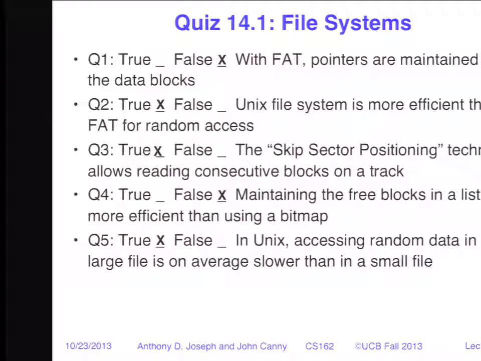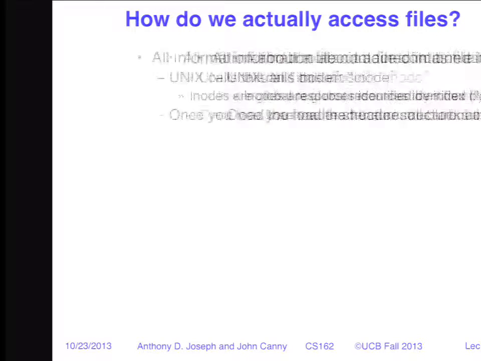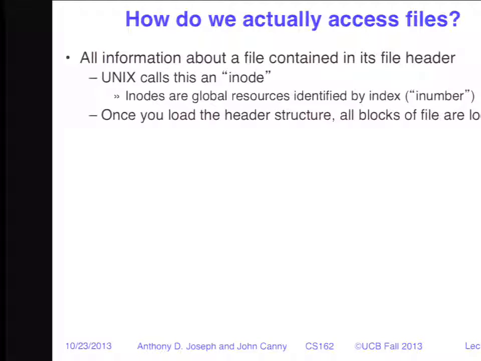Okay, so how do we actually access files? All the information we need to know about a file is going to be accessible through its inode. Right? This is its file header. Inodes are global resources. They are logically stored in a global array indexed by a number.